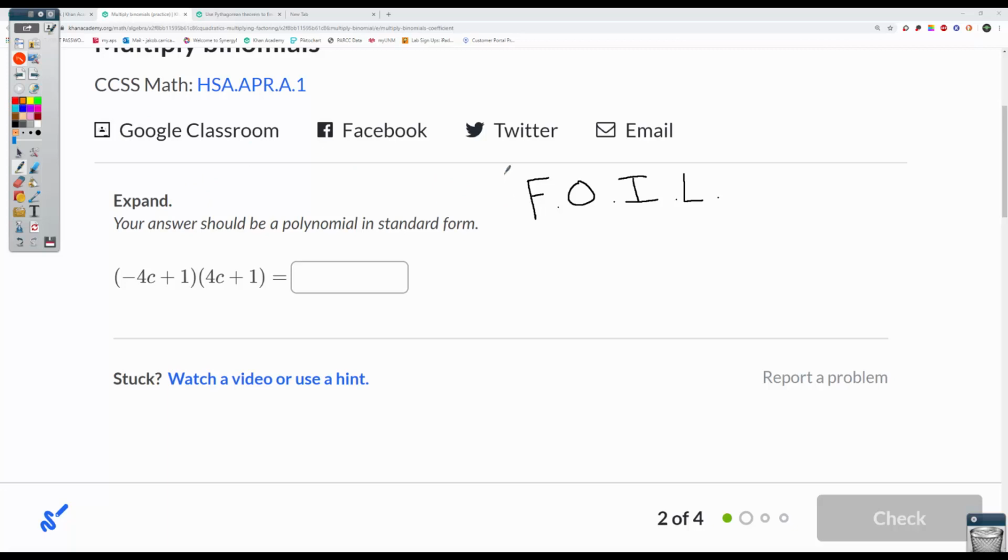So we start with the first terms. We multiply those together. And then we move to the outer terms. So you would see an arrow like that, multiplying the 2 outermost terms. And then third, we have the inner 2 terms. So you'll see an arrow like that.